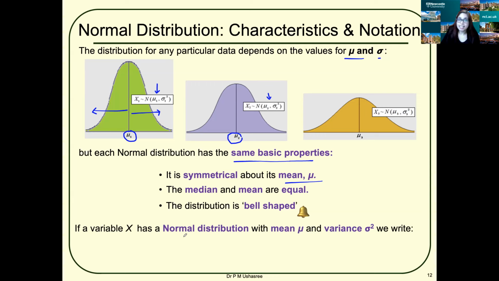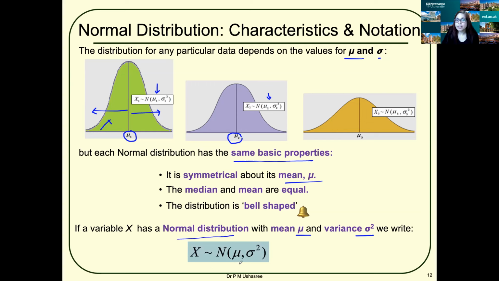then I can say that any variable x, if I pick randomly from this population, I can say that a random variable x has a normal distribution with mean mu and variance sigma square, and I can use notation of this form to describe this distribution.